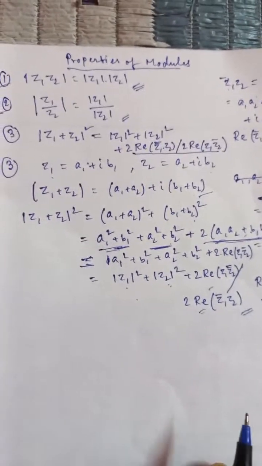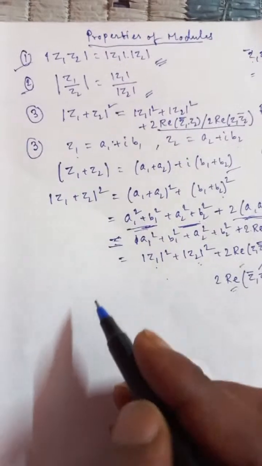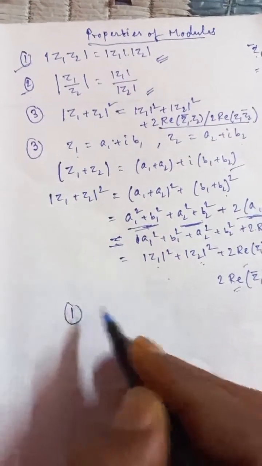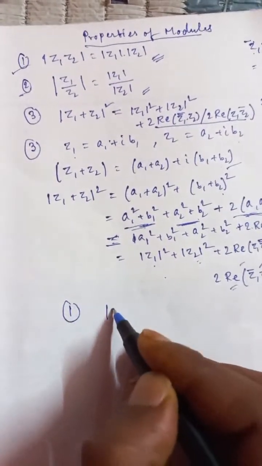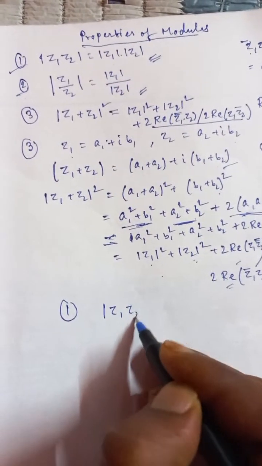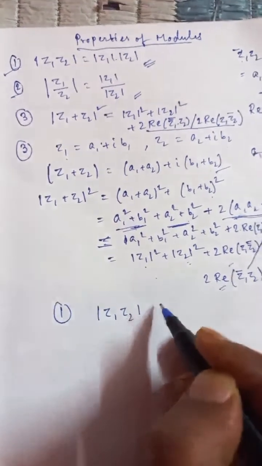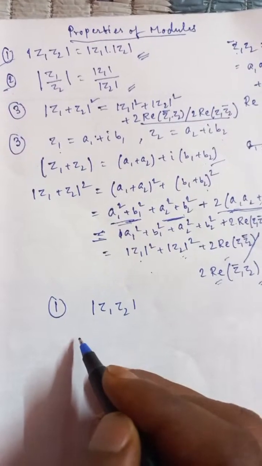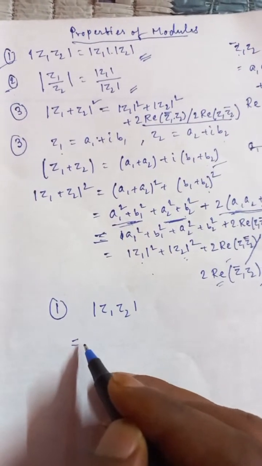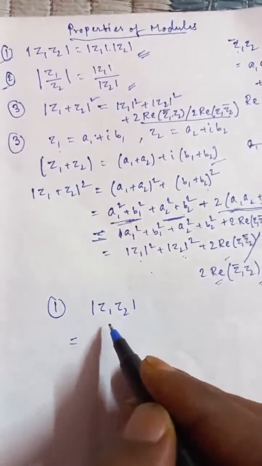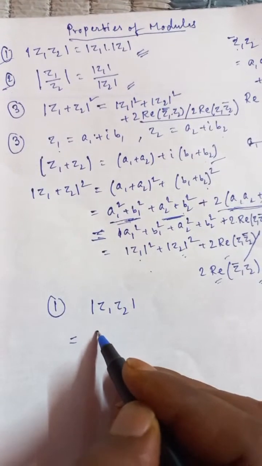So now we are going to prove number one. Given mod of z1 z2, we have to multiply z1 z2.